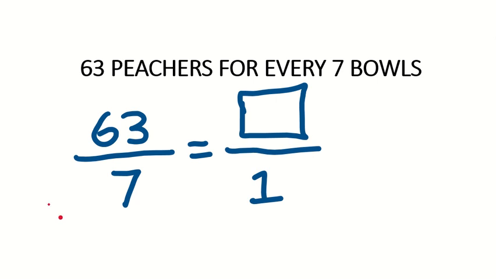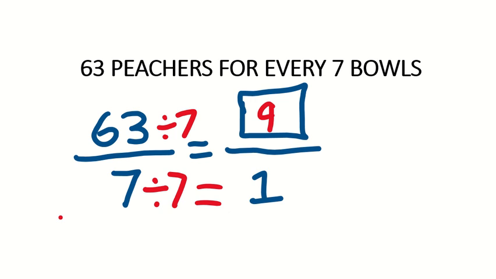I can look at this denominator and say, well, what do I need to do to the 7 to make it a 1? I just divide it by itself. And then, of course, what I do to the bottom, I got to do to the top. And 63 divided by 7, we know from our finger trick, is 9. So I'm going to have 9 peaches in each bowl. That, my friend, is the unit rate.